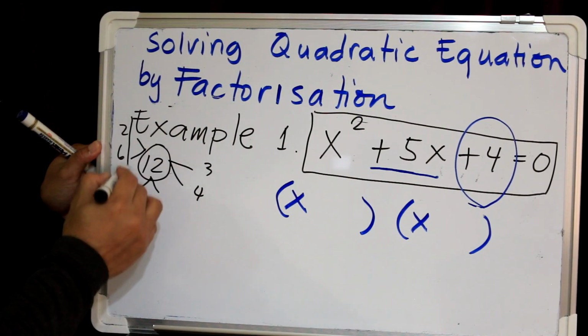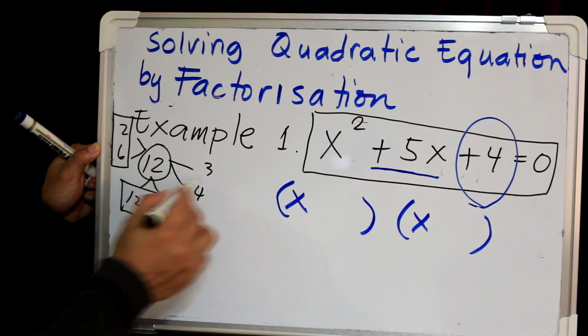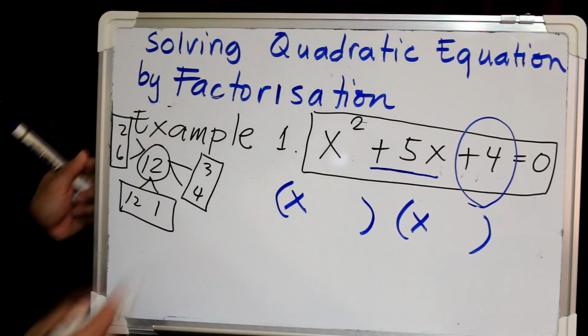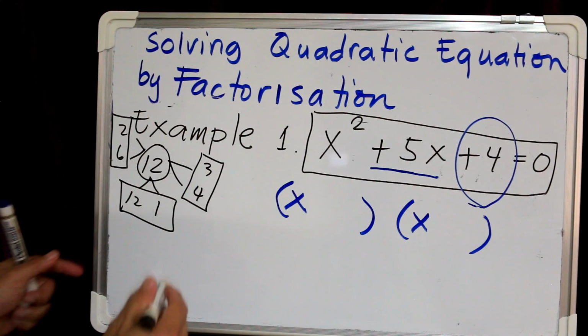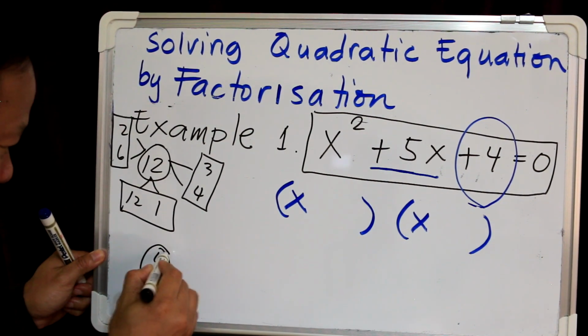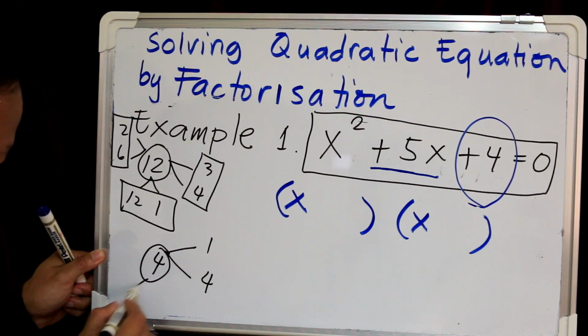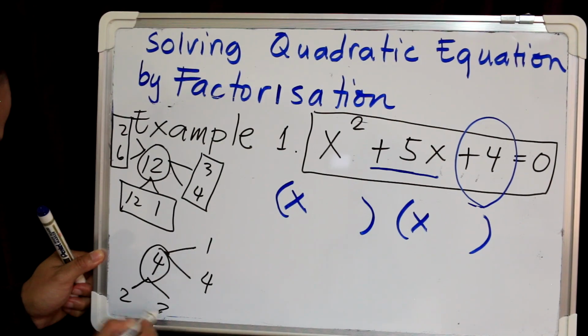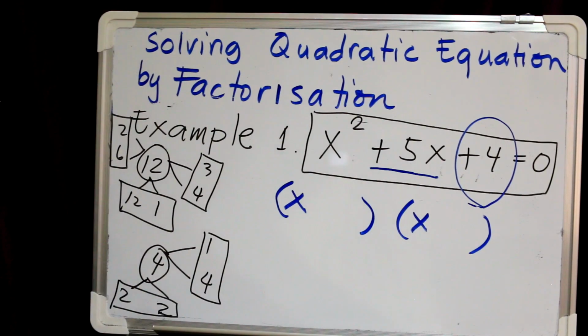Alright, so these are corresponding numbers or factors referring to 12. We call this factors of 12. There we have 4. So the only numbers that correspond to, the factors that correspond to 4 are 1 and 4 and 2 and 2. Alright, so 2 times 2 and 1 and 4.